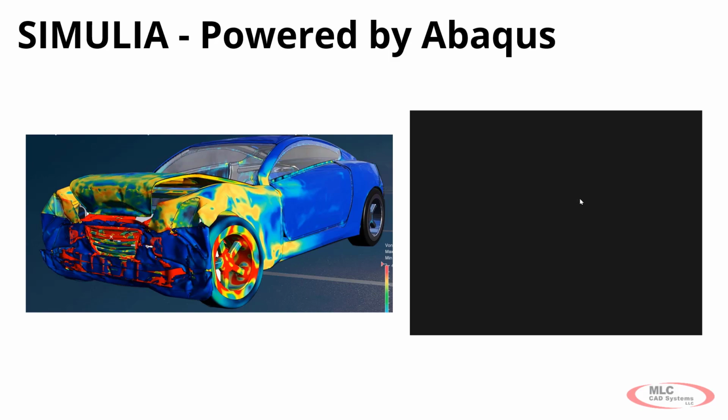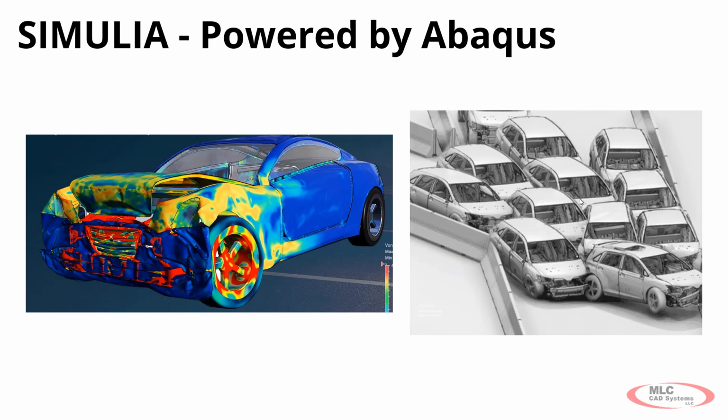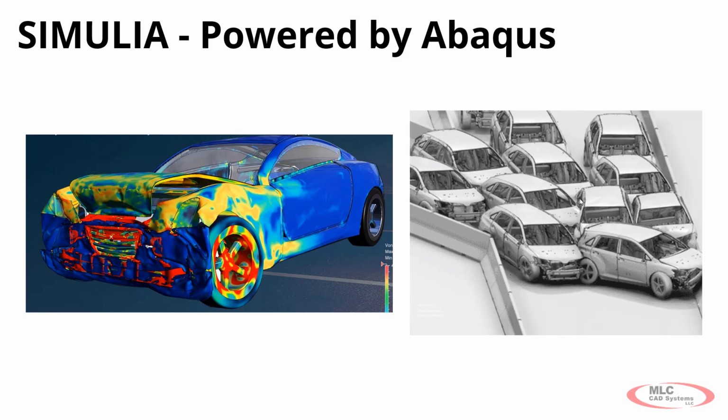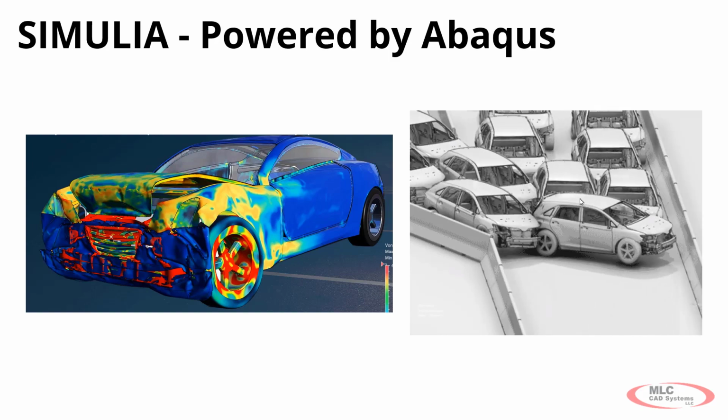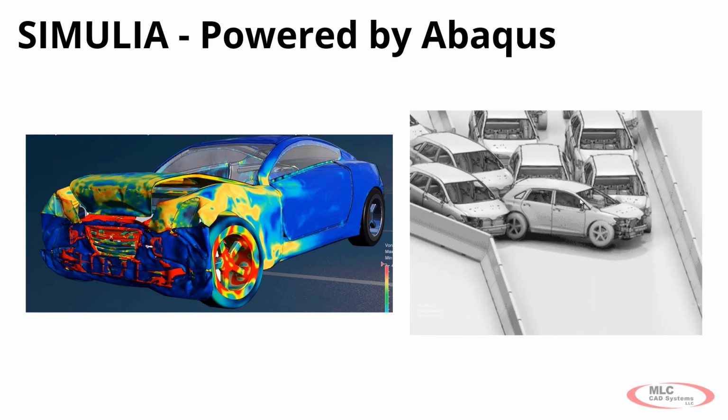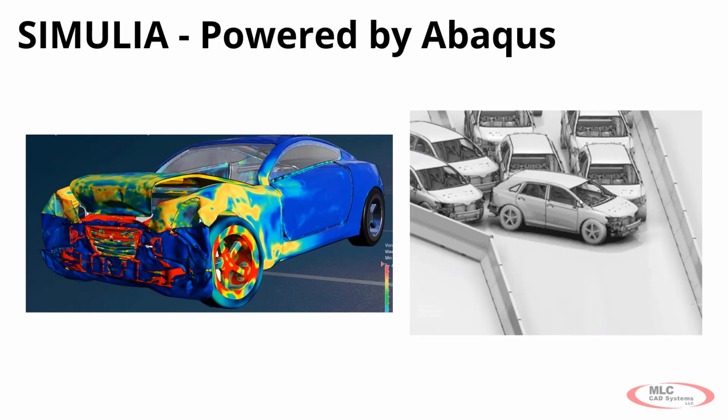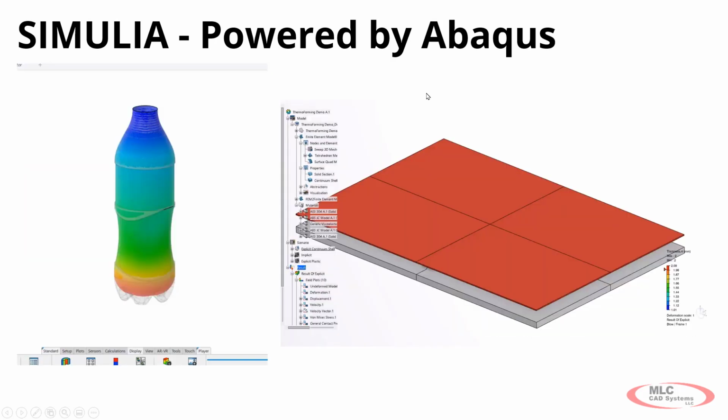Really, the main reason people go into this is they have studies where they're going past the yield point of the material, so permanent deformation is an area of interest, and you have lots of deformation in your part. That is really the overall criteria for going into this higher level simulation. Some other examples of how people use our Simulia product, which is powered by Abaqus, a very well-known simulation product, is blow molding over here on the left, which is analyzing the manufacturing process of creating these plastic bottles.